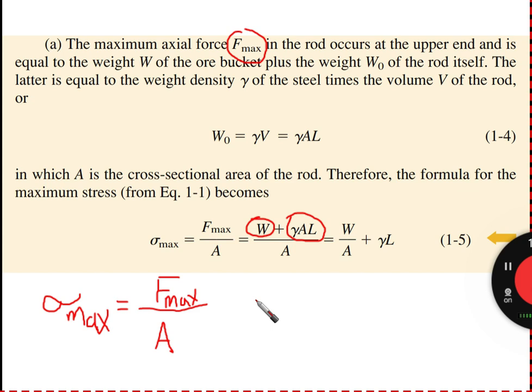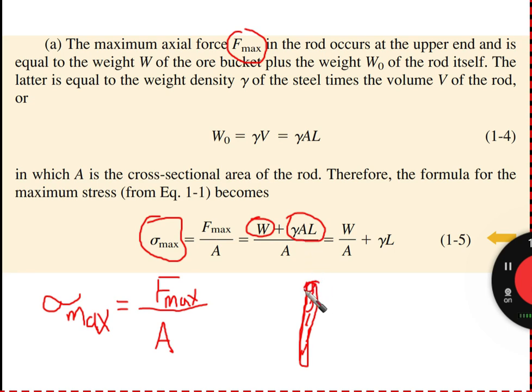So actually it depends on the rod cross-sectional area. Here we are going to put sigma maximum equal to F maximum over the area, and F maximum equals two parts. The first one is the weight of the bucket plus the weight of the rod. Whenever we have a rod, we need to think that it is solid from inside.